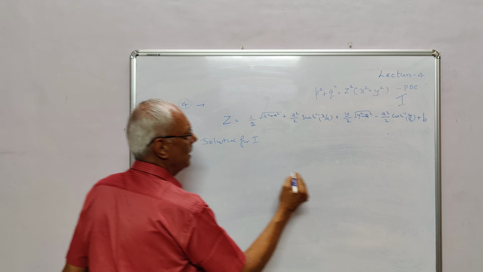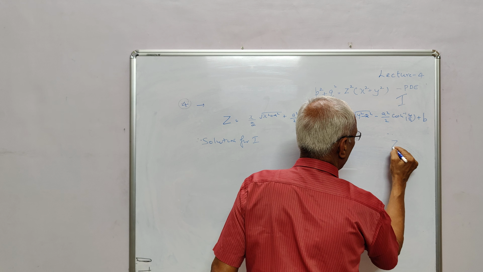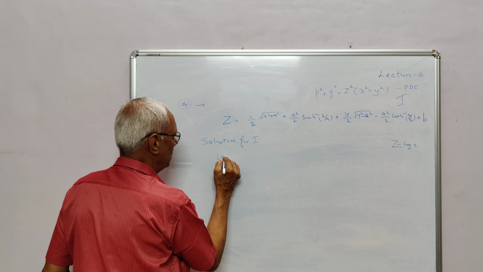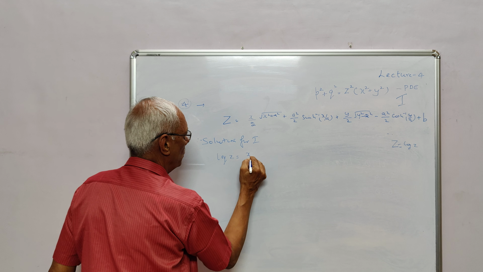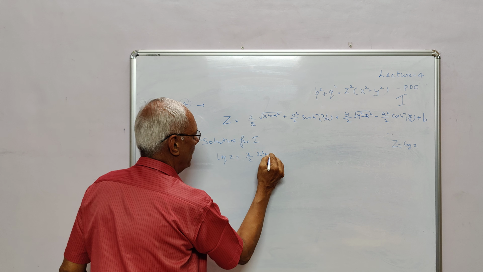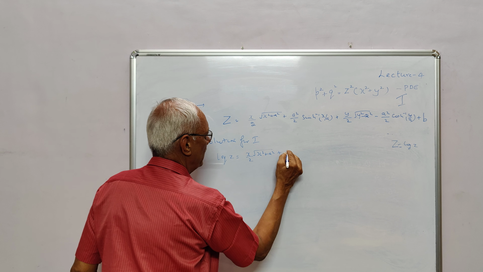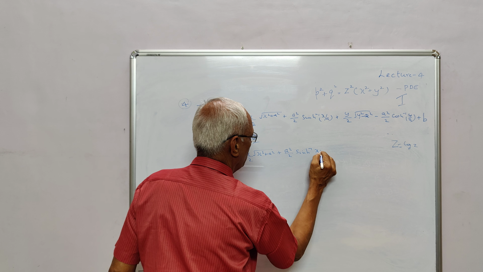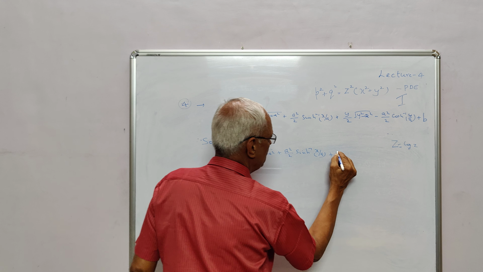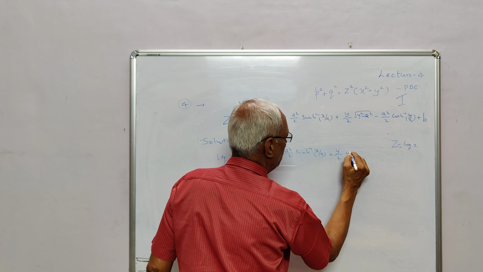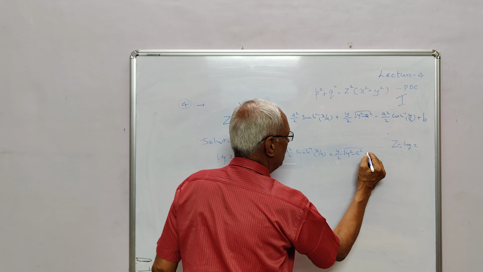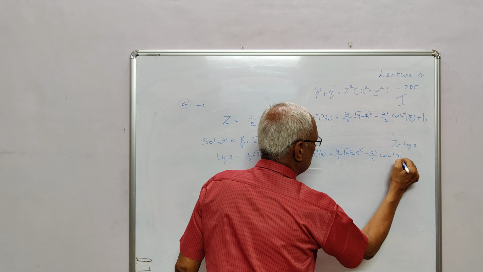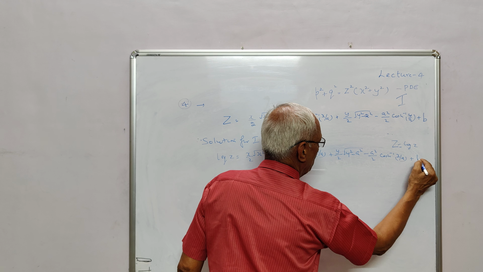So z is equal to what? We have taken z is equal to log Z. So put log Z in the place of this. So log Z is equal to x by 2 square root of x squared plus a squared plus a squared by 2 sinh inverse of x by a plus y by 2 square root of y squared minus a squared minus a squared by 2 cosh inverse of y by a plus b.